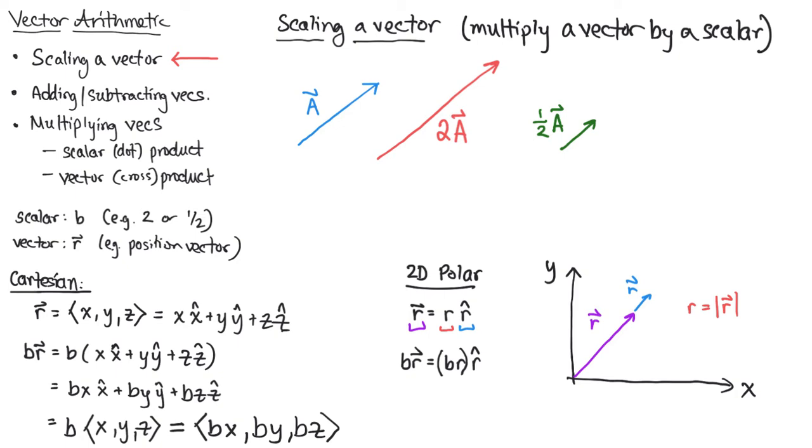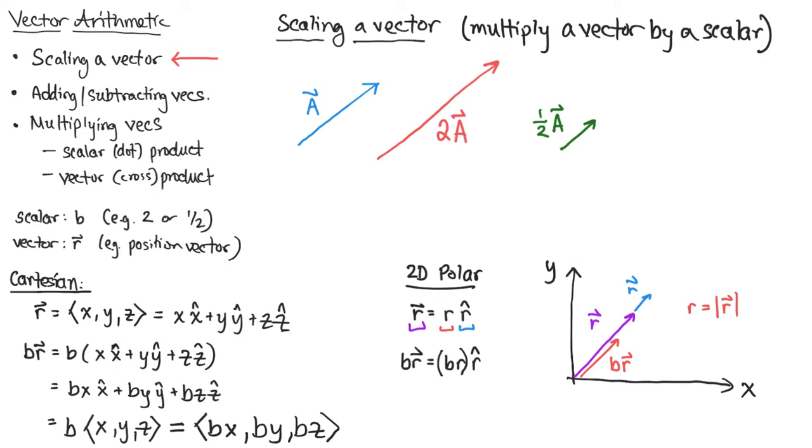That's the distance from the origin. So when I scale by the scalar b, I can think of that as just changing the length, but not the direction of the vector, br. So in this case, b is a number that's bigger than 0 and less than 1.